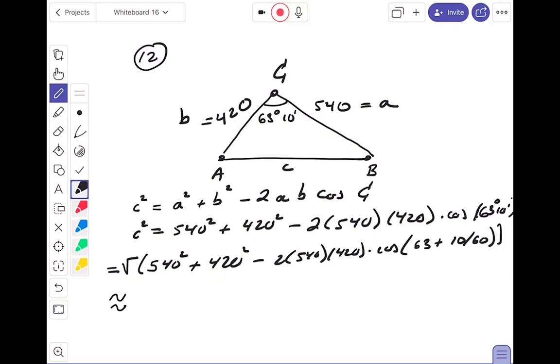So I'm going to do that, and I get 513.075, and so on. They say round it to the nearest yard, so it'll be 513 yards.